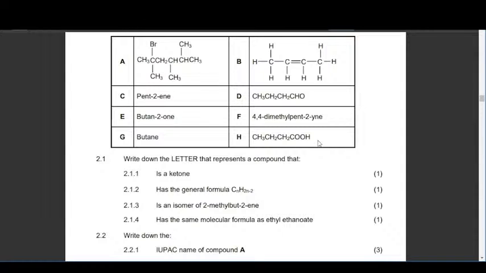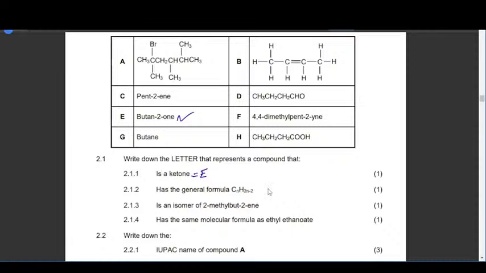So ketone, no, alkene, no, aldehydes. Ketone is here. So the answer is going to be E. Now the general formula.